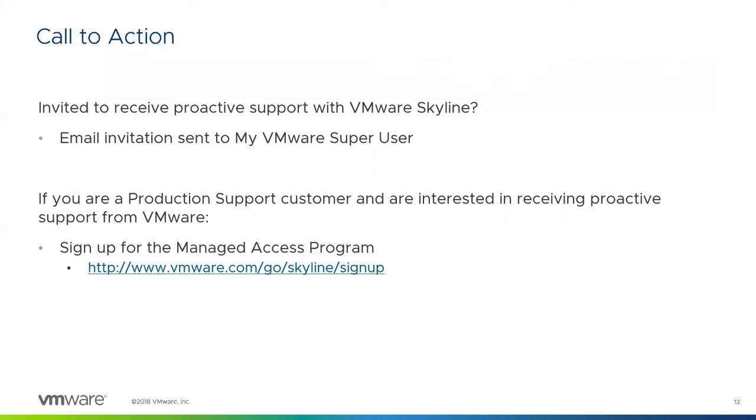What else do we have here? There was one comment around why the report shows products that customers don't use. For example, a customer using only ESXi 6.5, but the report shows version 6.0 or ESX 5.5. Yeah, this is definitely something that we are looking to address.